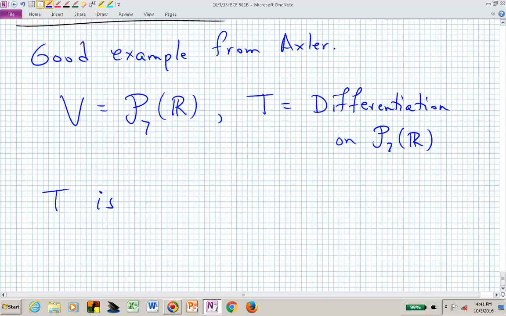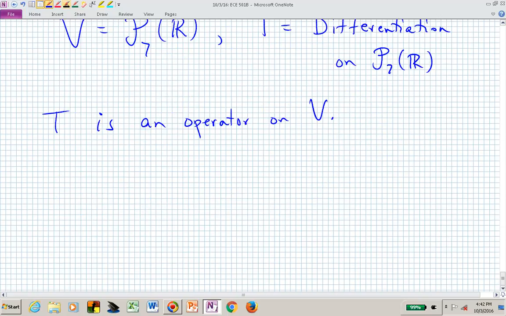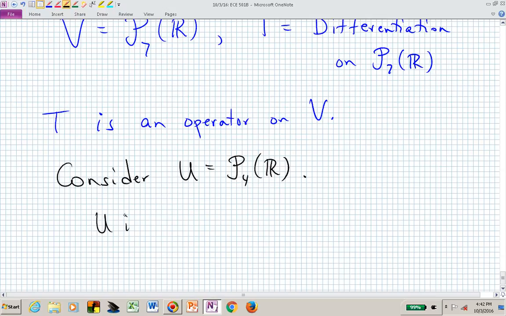So T is in fact an operator on the underlying vector space V. Now let's look at a specific subspace of V. Suppose we consider the subspace U to be the subspace of fourth order polynomials P sub 4. It should be clear that U is a subspace of V.